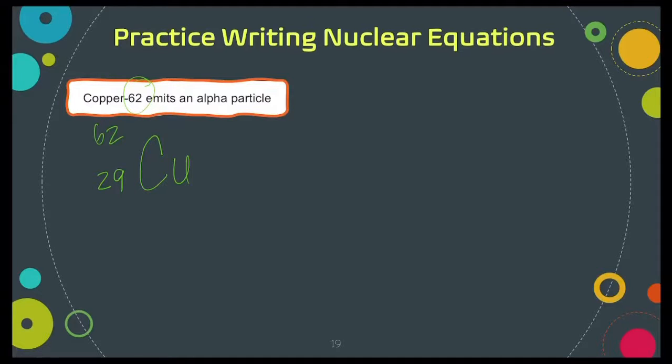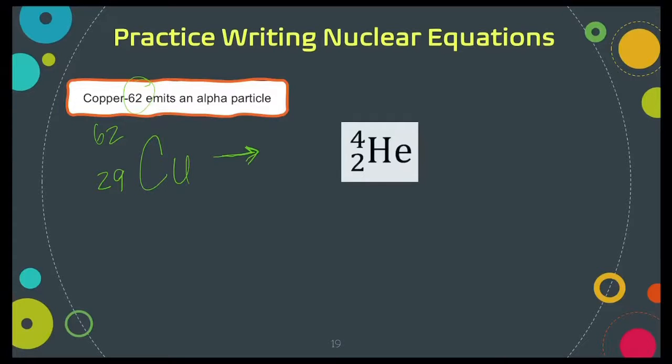Copper-62 will emit an alpha particle. So when a nuclide undergoes decay or emission, that particle will appear on the right side of the arrow. So there's our alpha particle, the helium nucleus, with the mass number of 4 and atomic number of 2.